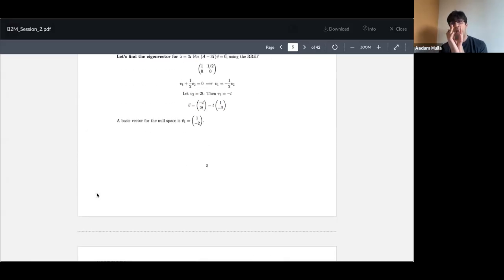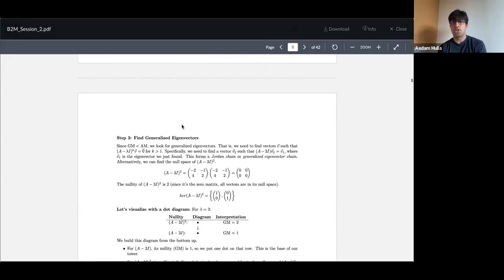Now, we have 1 eigenvector. We need a second one, right? We weren't lucky enough to be given 2 here. So that's why we need to use Jordan form. How do we find the second one? We use generalized eigenvectors. Before, to find our eigenvectors, we were solving (A - 3I) times the vector equals 0.